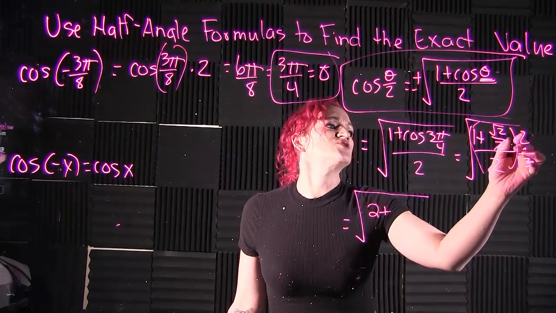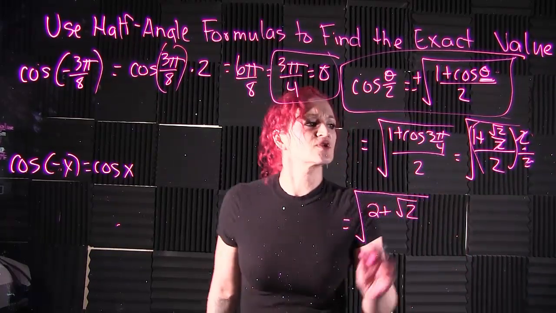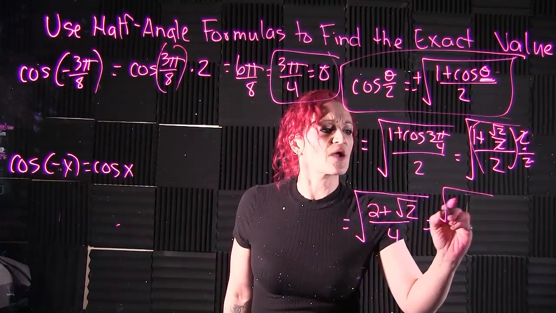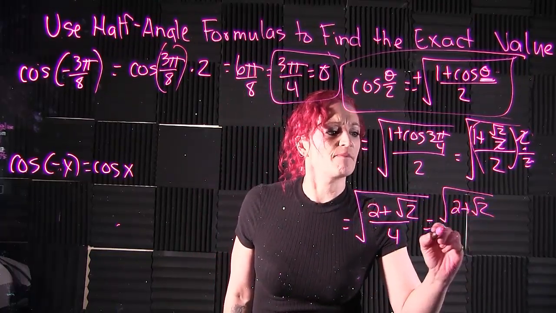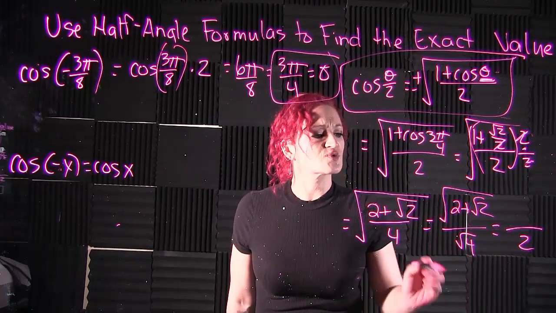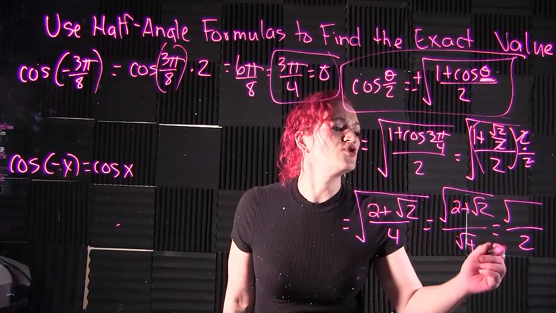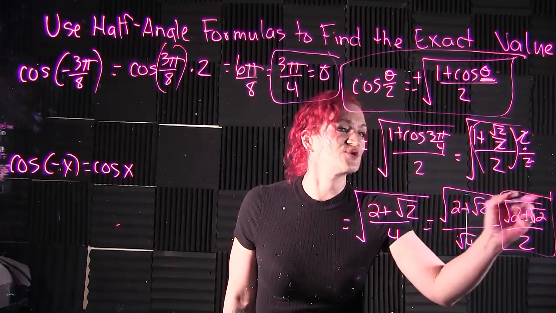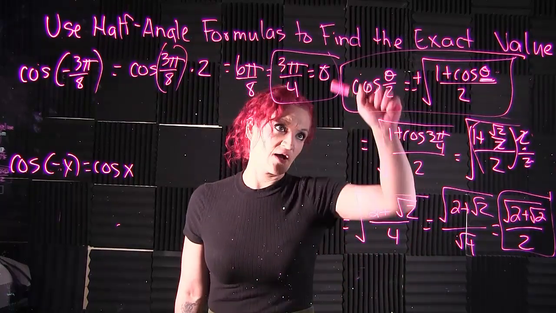These 2's cancel, so we can drop down the square root of 2 over a 4. Split up that radical into the top and bottom, because we can definitely take the square root of 4. The square root of 4 is 2. Our numerator will be the square root of 2 plus the square root of 2, for our cosine of theta over 2.